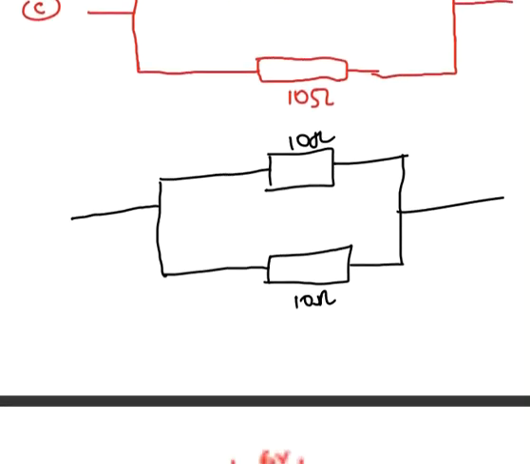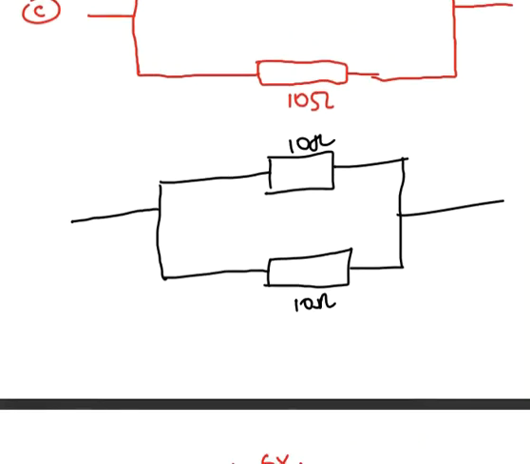Then ndeti tipanga solve kugwiritsa ntchito formula, total resistance is equal to resistor 1 times resistor 2 over resistor 1 plus resistor 2.